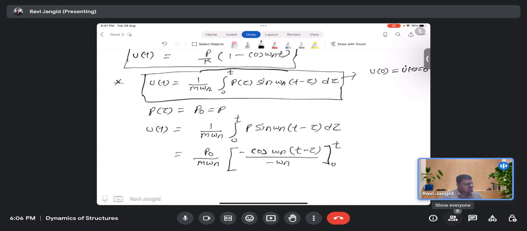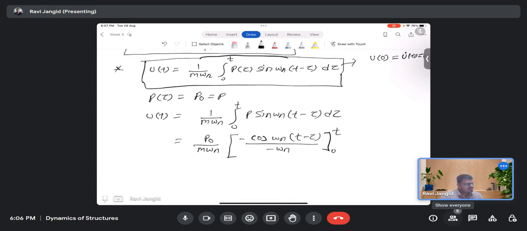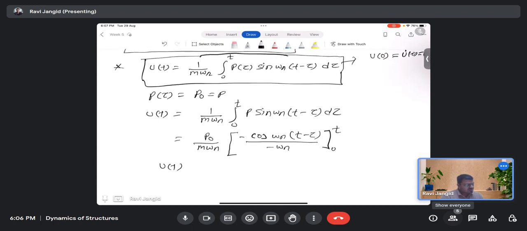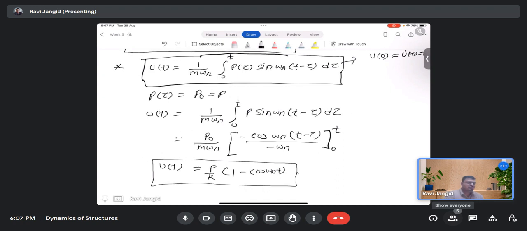If I substitute the limits, finally I will get the answer as p by k into 1 minus cos omega n t. So from this I directly found the solution.